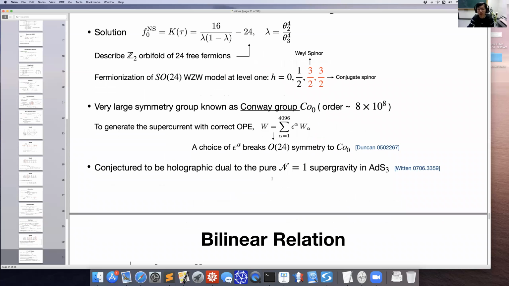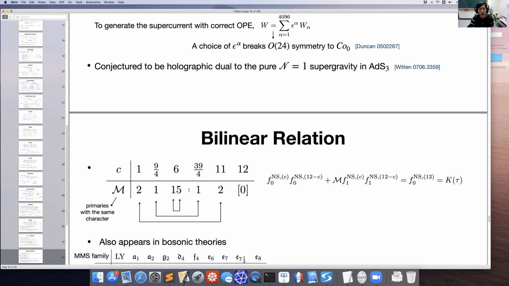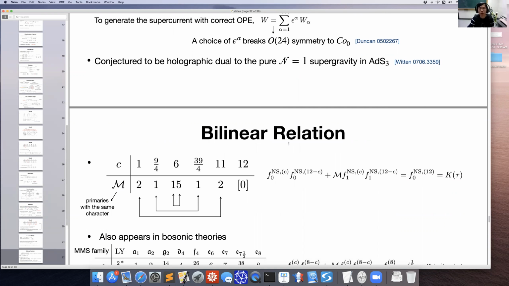Okay, and now I explain why I list this theory in this family. That's due to a marvelous bilinear relation, which works as follows. If I take any theory in the list with central charge c smaller than 12, and I consider the dual theory, which has central charge 12 minus c, and I make this bilinear combination, the right-hand side always gives us the unique character for the c equals 12 theory.